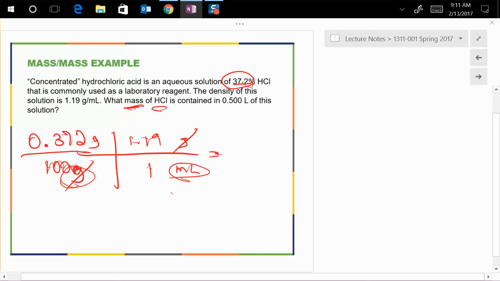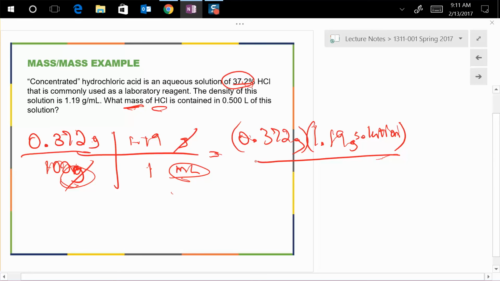So this is 0.372 grams times 1.19 grams of solution divided by 100 grams of solution. Those will cancel. I'll be left with grams of solute times every 1 milliliter of solution.